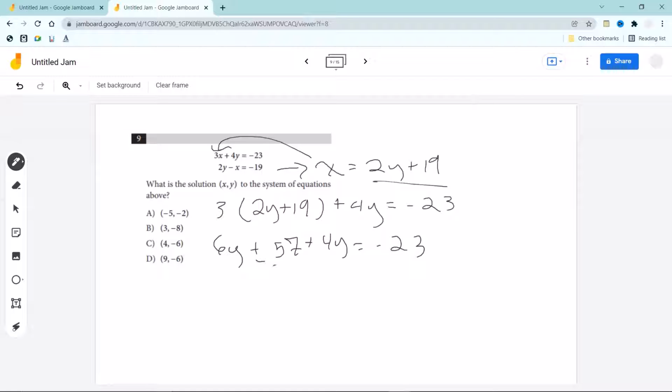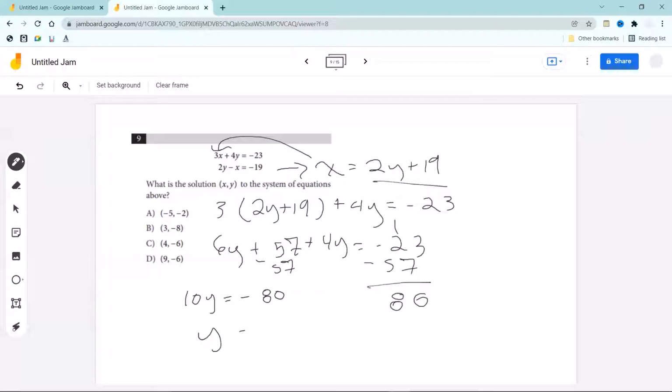And now we can subtract 57 from both sides. So we're essentially adding these, then we make them negative, right? So 57 plus 23 is 80. Okay, so then we can add the y's together. That'll give us 10y is equal to negative 80.